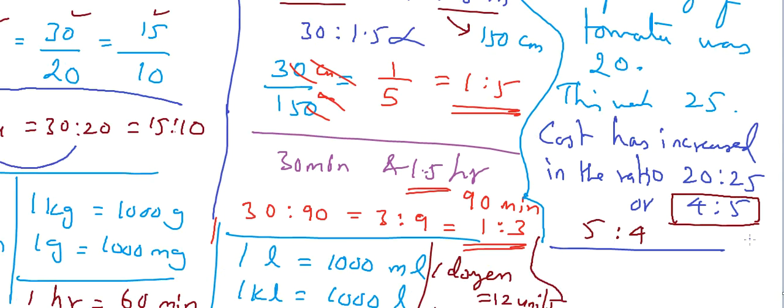Suppose it is asked in a different way. Let's say the price of tomato has decreased in the ratio 5:4, and the new price is 20 rupees.